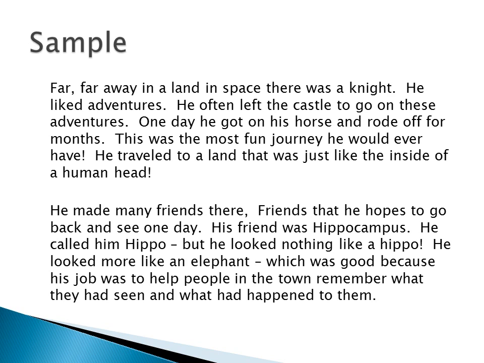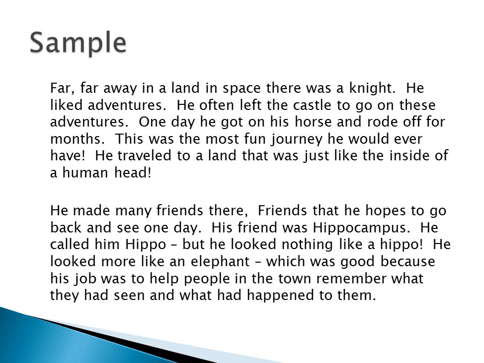Far, far away in a land in space, there was a knight. He liked adventures. He often left the castle to go on these adventures. One day, he got on his horse and rode off for months. This was the most fun journey he would ever have. He traveled to a land that was just like the inside of a human head. He made many friends there.